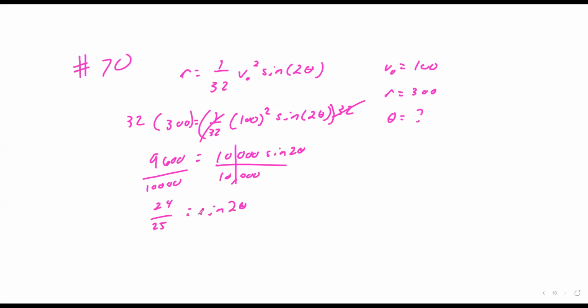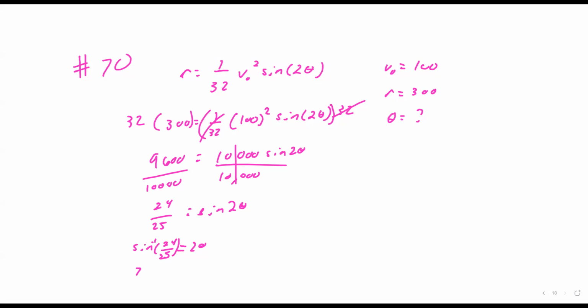I don't know what sine is at 24/25. So what I did is I took the inverse sine of 24 over 25 to get me 2 theta. That gave me a number, and I think it was 70. Hold on, give me a second.